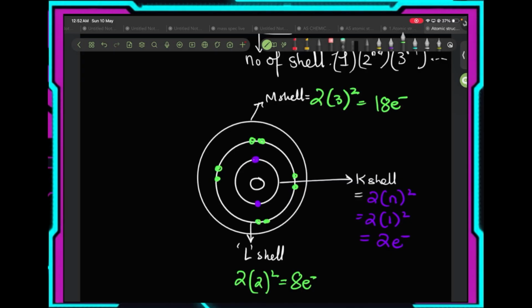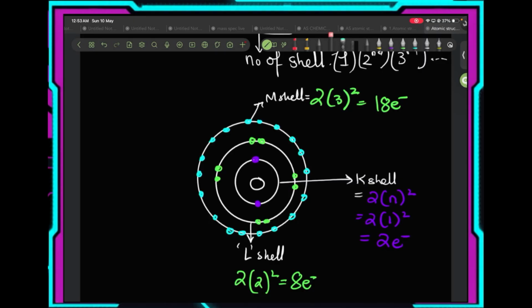Now this is where everything changes. In O levels, the third shell used to have 8 electrons, but now it has 18 electrons. So we will fill 18 electrons right here: 1, 2, 3, 4, 5, 6, 7, 8, 9, 10, 11, 12, 13, 14, 15, 16, 17, and 18. So now it has 18 electrons.